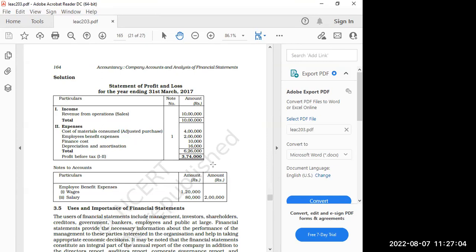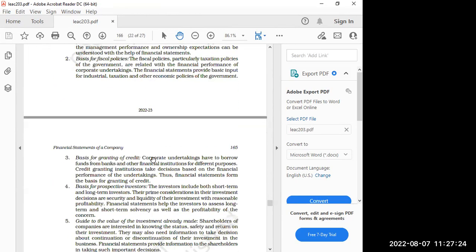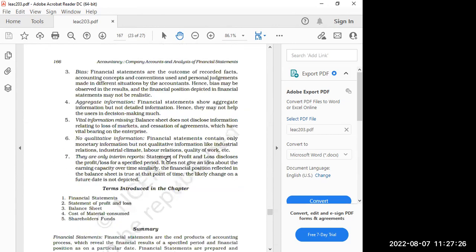How did you get it? Total income minus total expenditure. 3,74,000. Does it look easy? When we were talking about the format, it was a little difficult. Now it looks a little easy. Yeah. Take another question.